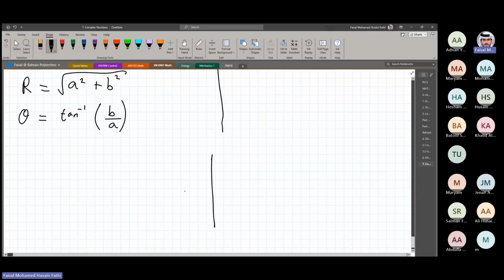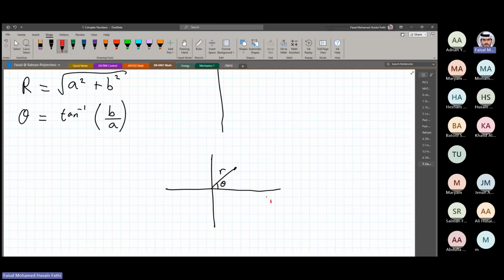So graphically, we have an R. This is R. And we have an angle theta. Now, what do we want to find? This is our real. This is our imaginary. We are trying to find this value over here, this component. And we are trying to find the imaginary part, which is this component.